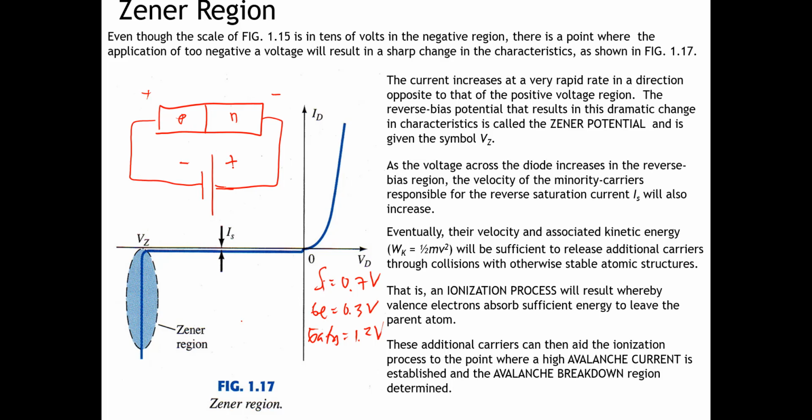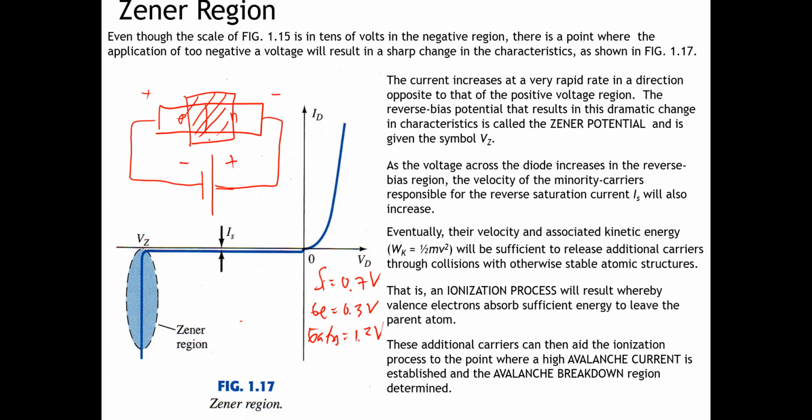This is the negative bias. Ideally, in negative bias there is no current because the depletion region will be very large, since the negative voltage is very large.